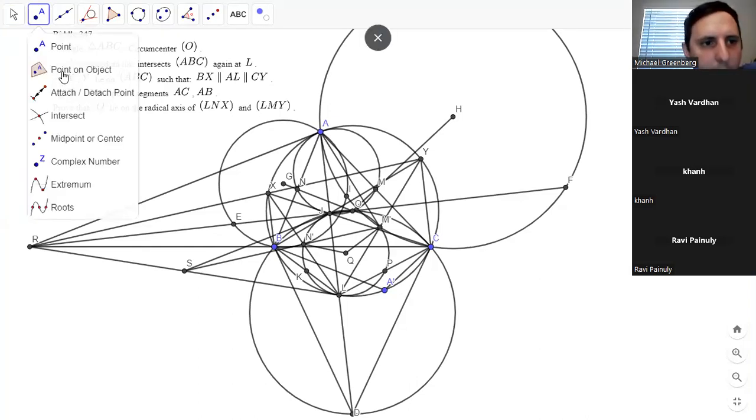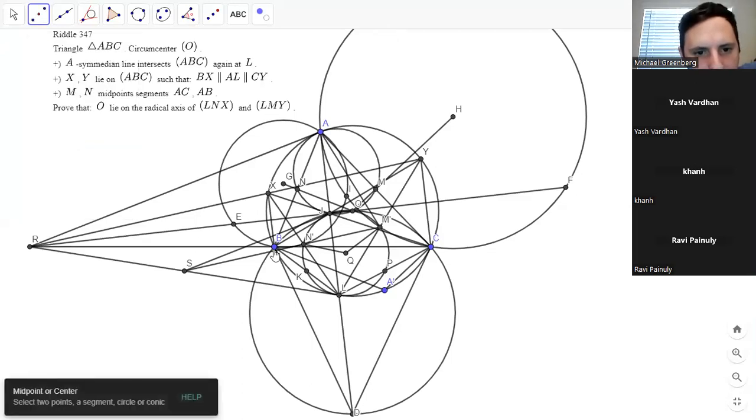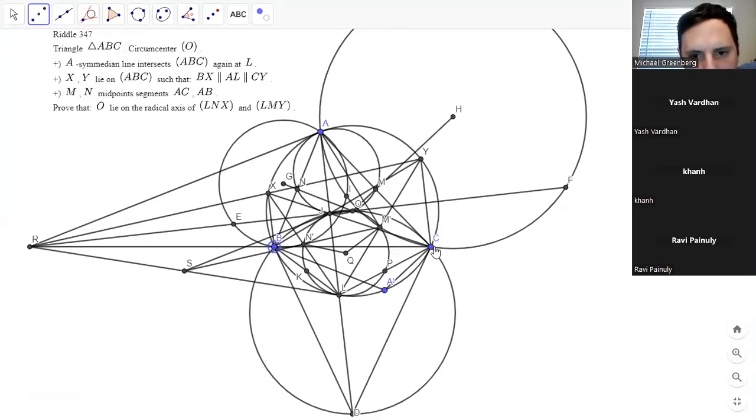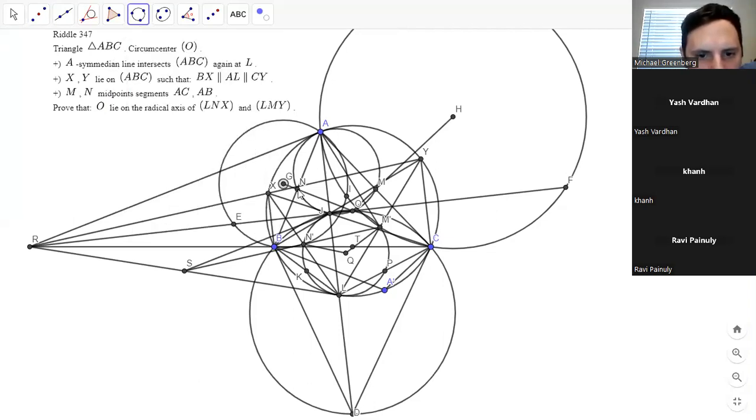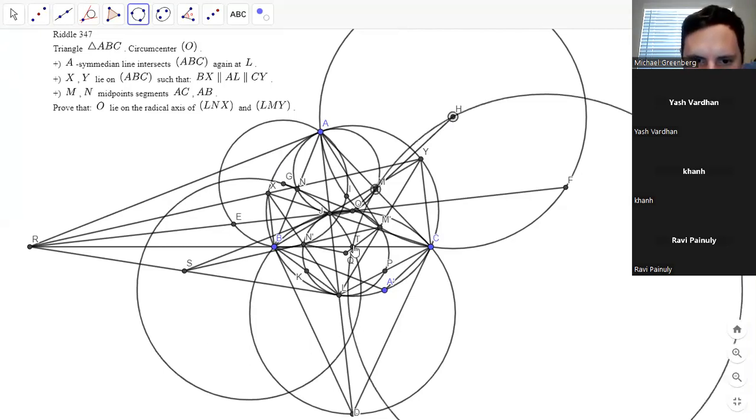What if I draw the midpoint of BC? Just T. And I try to do this. No, that doesn't do much.